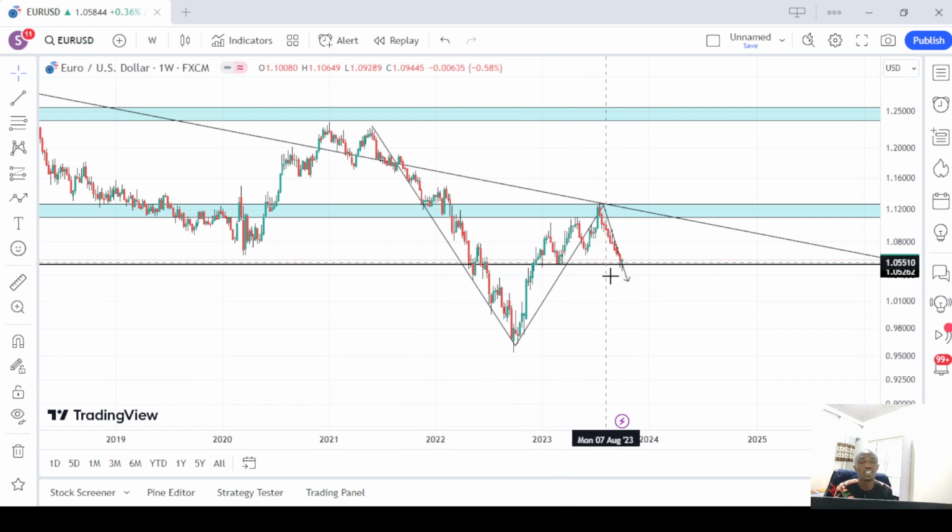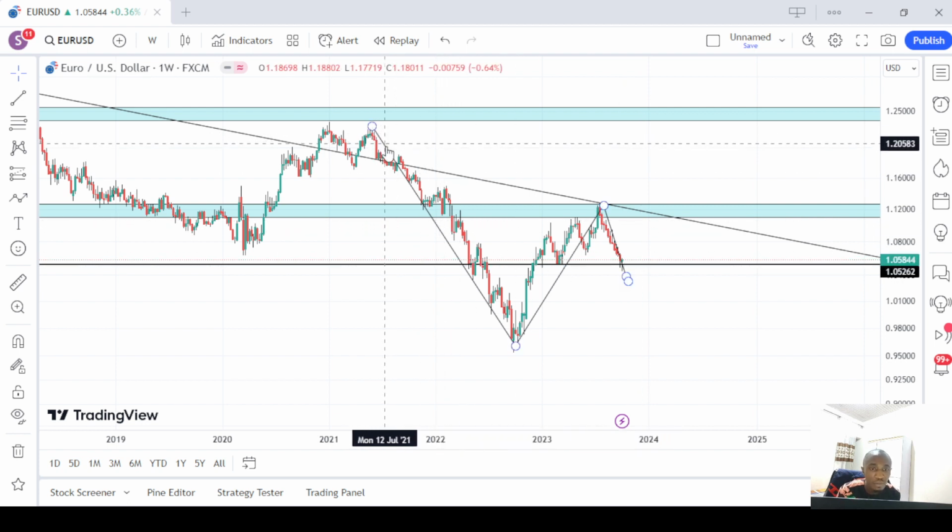We've not gotten sufficient confluences that will give us a pullback or a reversal in the market. The market is closed for now, and we are waiting for market open to make more decisions. So you can see on the weekly time frame there is also structure inside of structure.